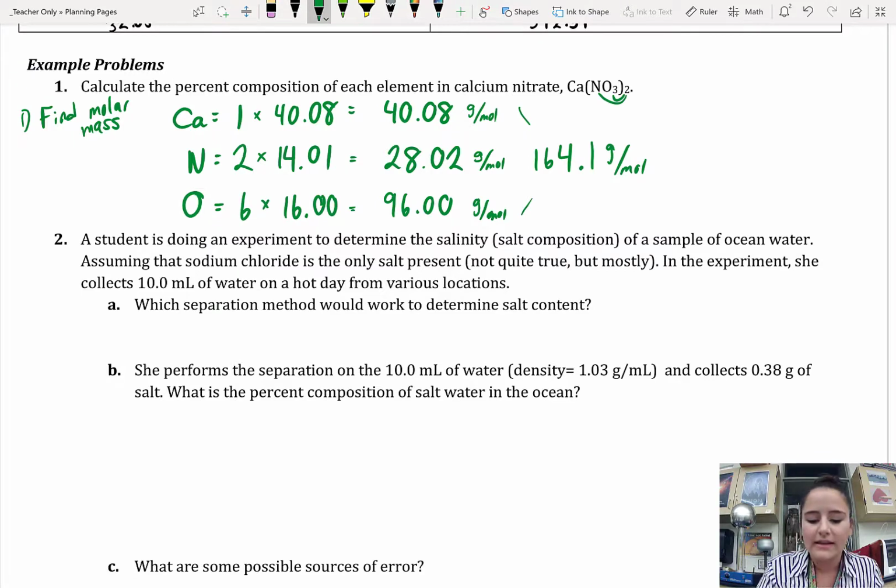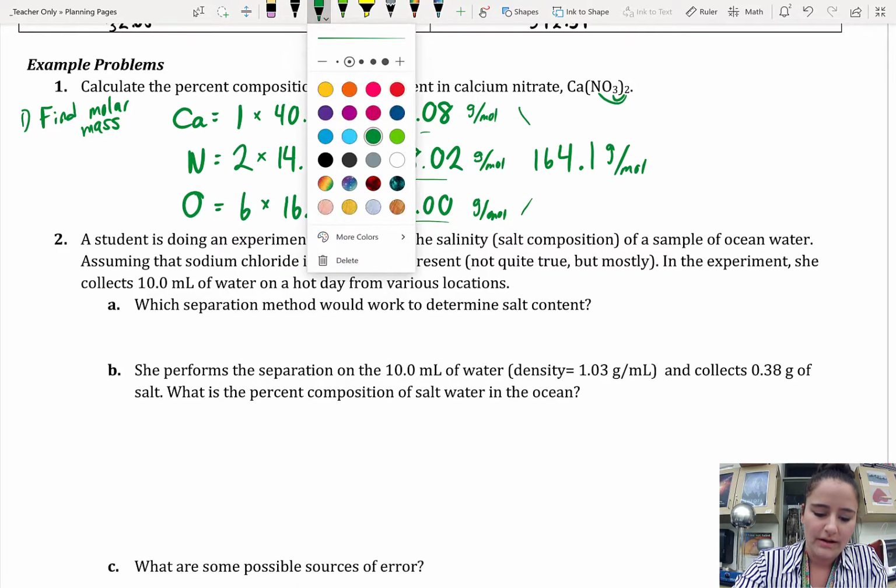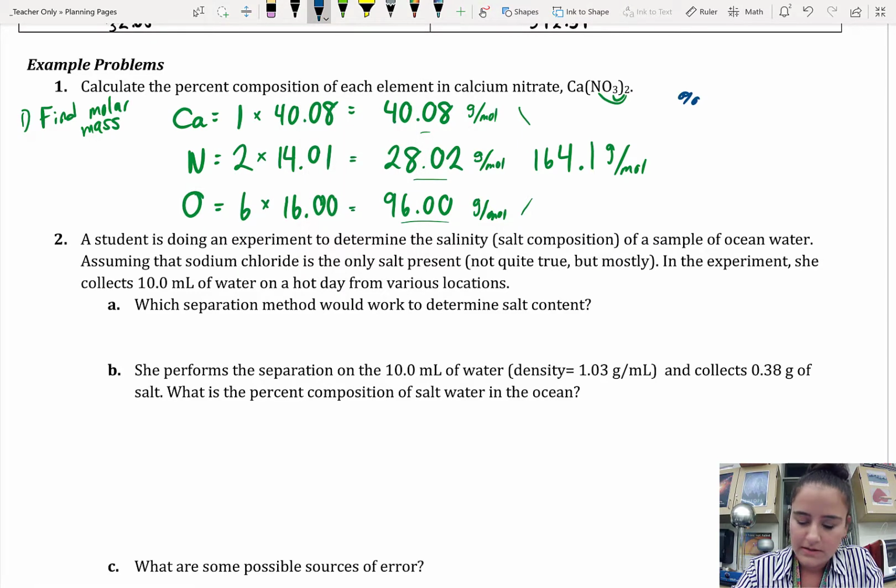So the reason that I had these there is now it makes it really easy for me to do my mass percents. Okay. So I'll go ahead and swap to another color to get the percentages. So we have calcium, which is going to be 40.08 over 164.1, and then we times it by 100 to get it in the right form.